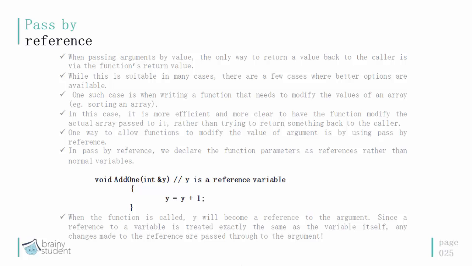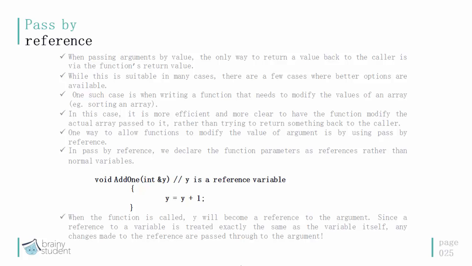Pass by reference. When passing arguments by value, the only way to return a value back to the caller is via the function return value. This is why we are using a return type, right? Because whenever we want to return anything, we use a return value. While this is suitable in many cases, there are a few cases where better options are available.